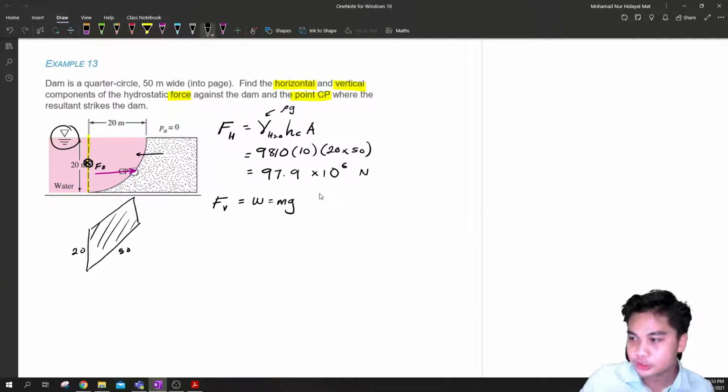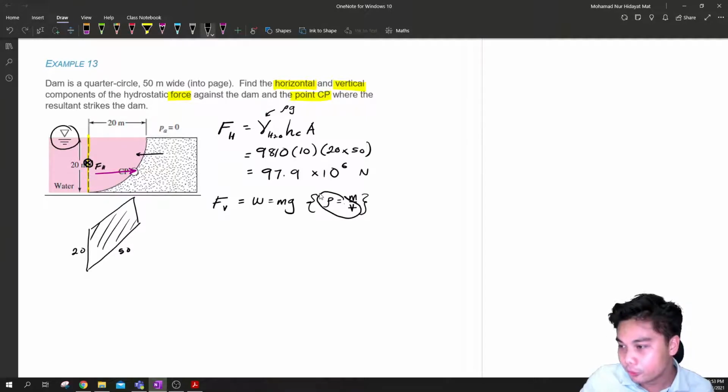What's the mass? We know that density is equal to mass over volume, so to get mass, density multiplied by volume. You end up with rho V g. Rho and g we consider as gamma of the fluid, multiplied by the volume of this quarter circle.